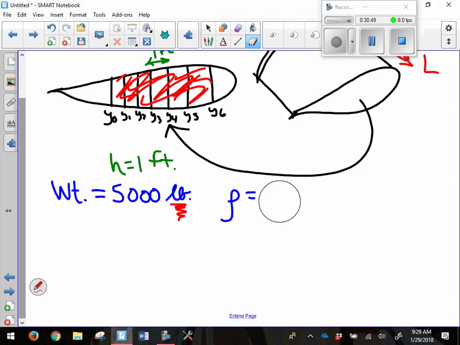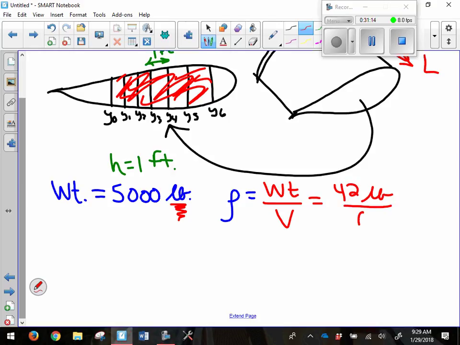However, if we're assuming that everybody's on Earth and everything's pretty close to the surface of the Earth, then we can make a density expression in which it's weight over volume instead of mass over volume. And that is in fact what they give us when they tell us it's 42 pounds, which is a unit of weight, divided by the volume, which is cubic feet. The whole thing's just stupid anyway.